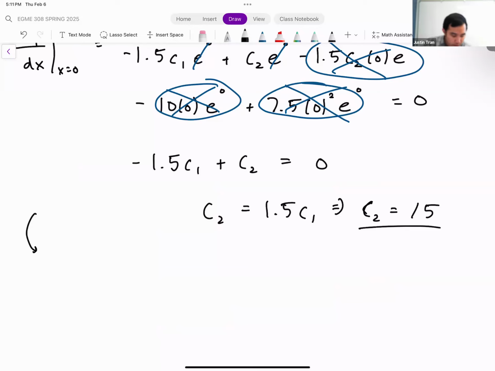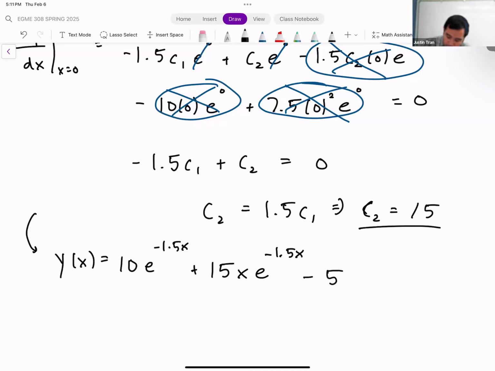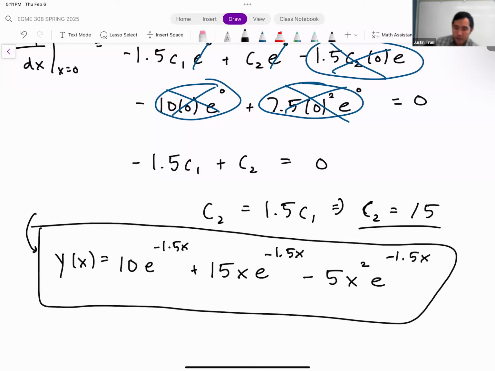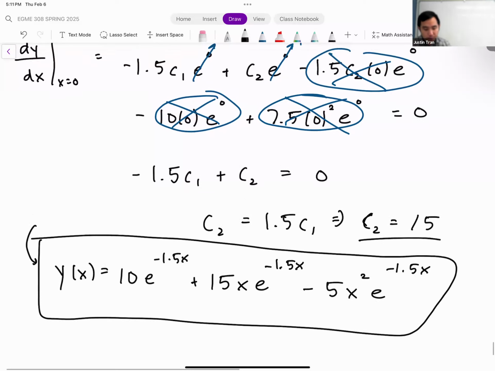So our full solution with the boundary conditions is y of x equals 10 e to the minus 1.5x plus 15 x e to the minus 1.5x minus 5x squared e to the minus 1.5x. Remember, you can't do this until you have the full solution with the particular solutions.